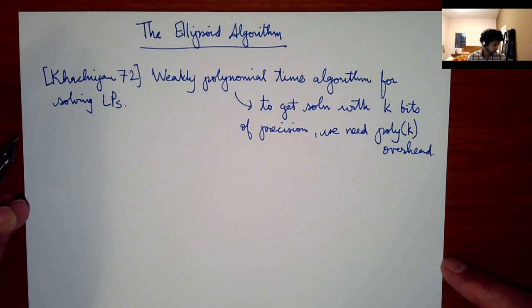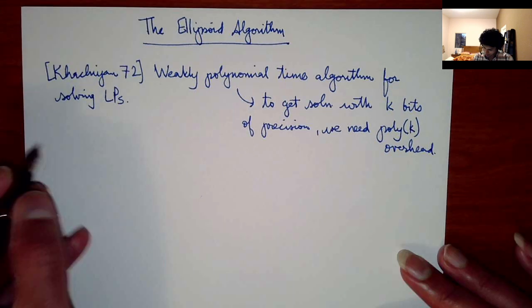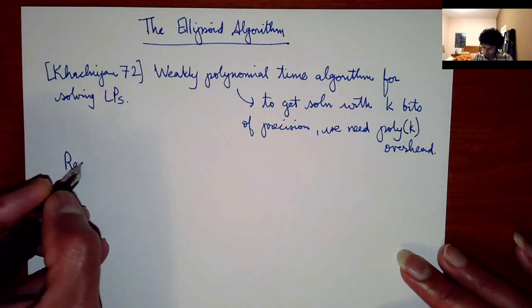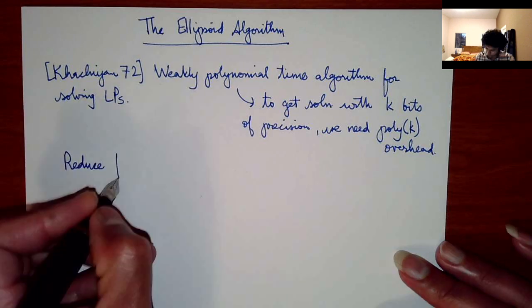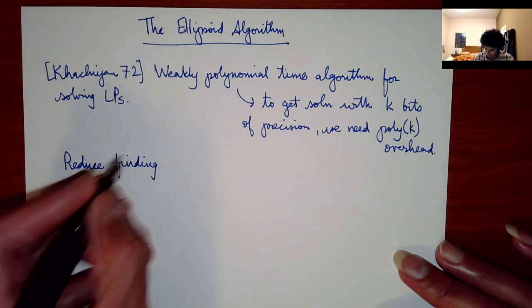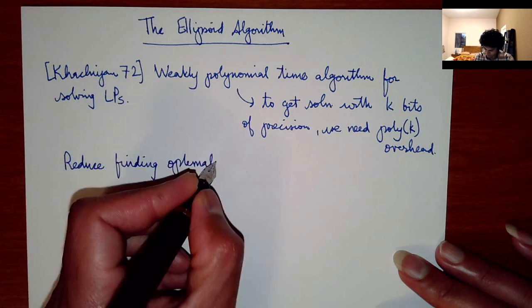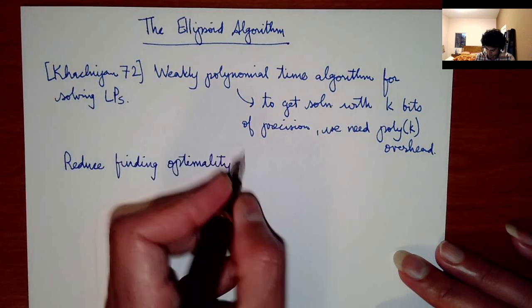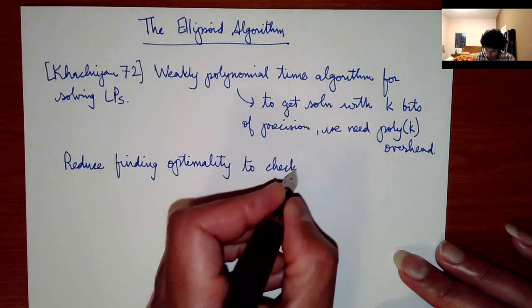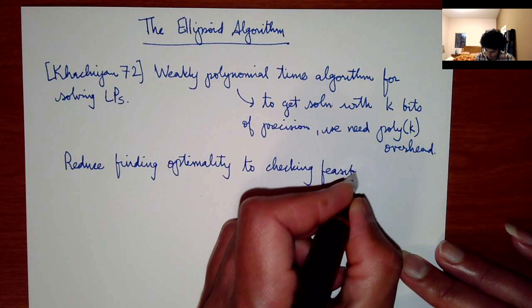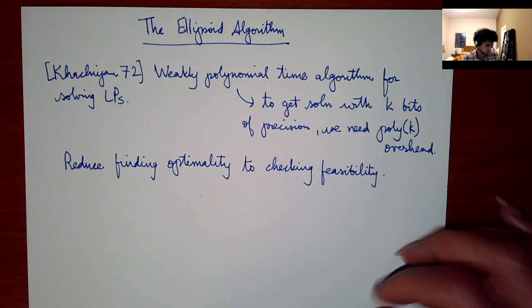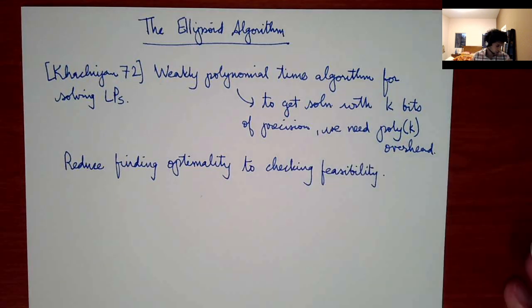Okay, the first step is we reduce finding optimality to checking feasibility. So we're going to do this reduction, and if you think about it, it's basically just binary search.